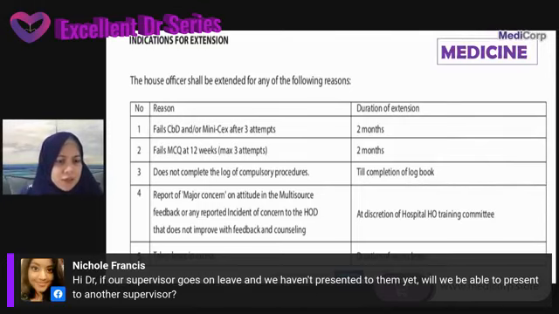Okay. Hi doctor, if our supervisor goes on leave and we haven't presented to them yet, are we able to present to another supervisor? So I think you mean assessment. If your assessor is on leave, this is why you need to arrange your assessment much earlier. Usually when you think you're ready for your assessment, either mini CEX or mini CBD, you will need to book or approach your specialist. Both of you will find days that both of you are free.